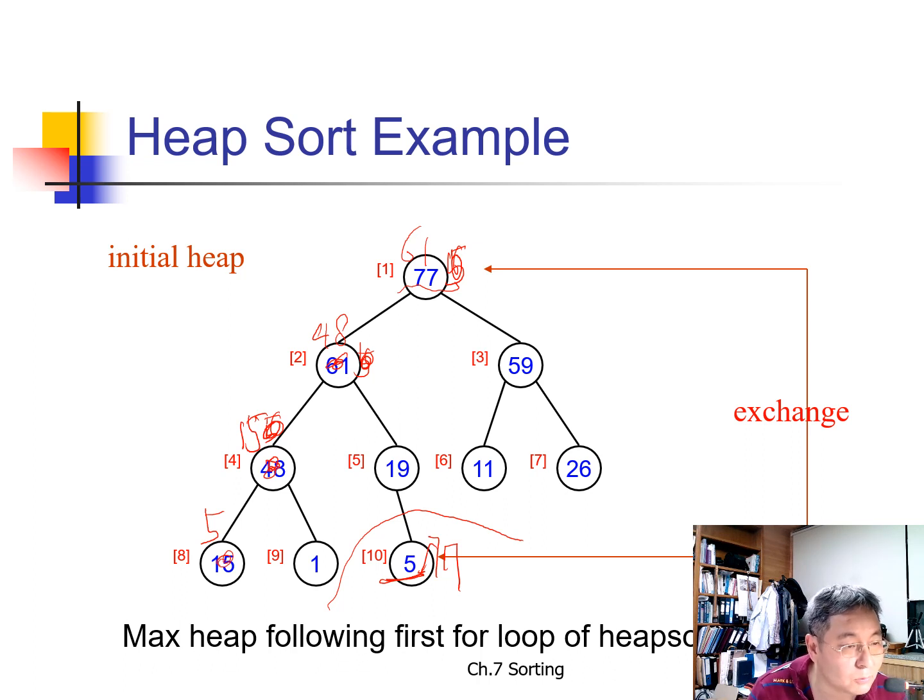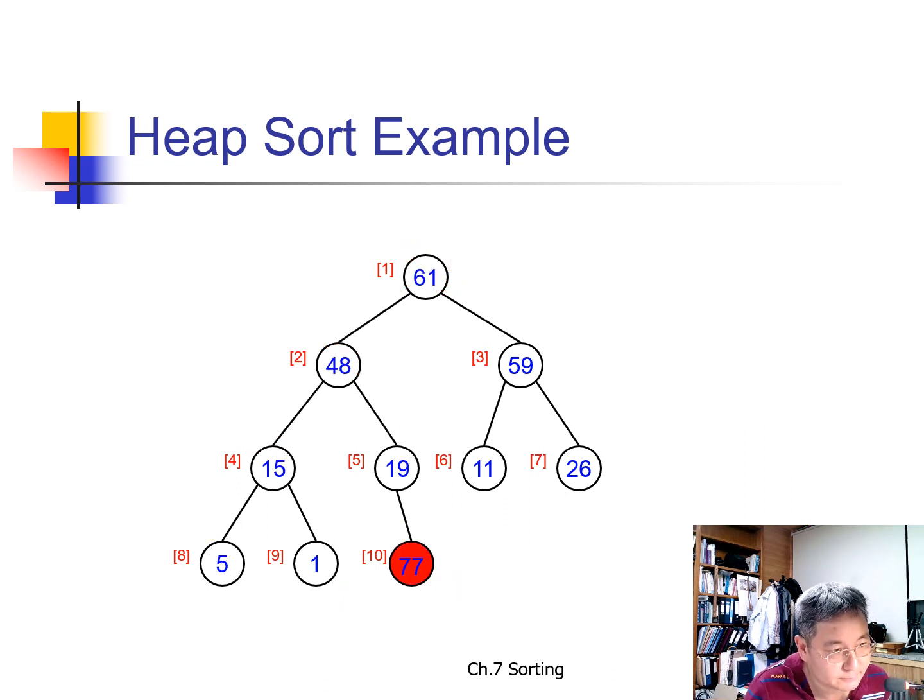Okay, the second one is explained here. Next one: 61, the maximum value, will be exchanged with the last one. So 1 goes to the root and 61 goes to the last position.